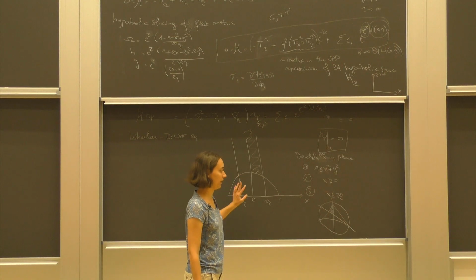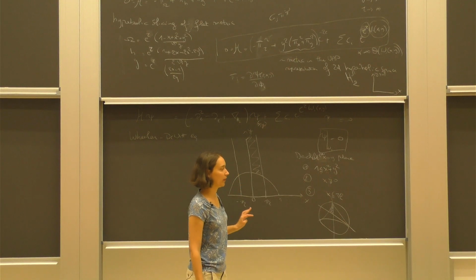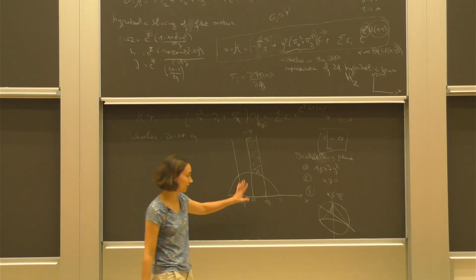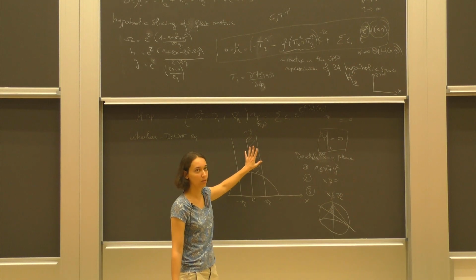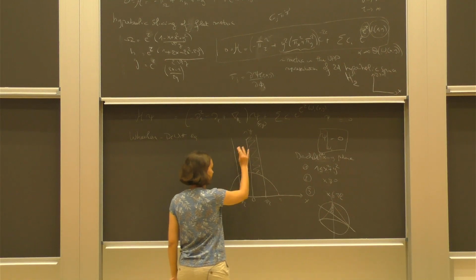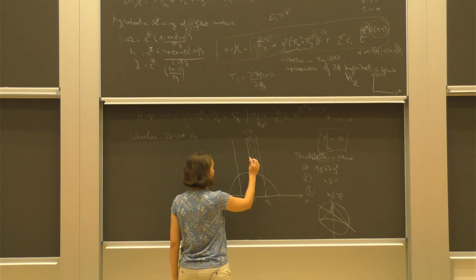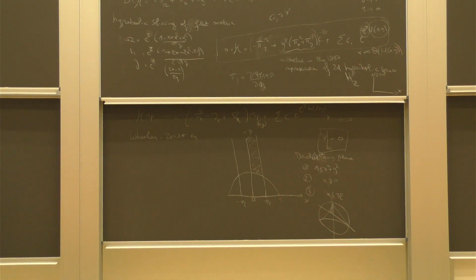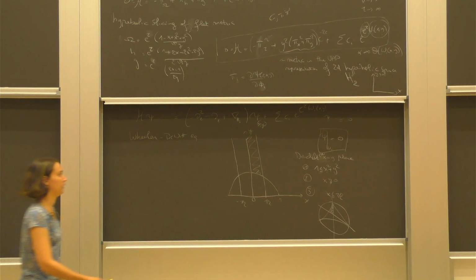And okay, now we come to a point where we can have a first glimpse at why this domain would be special. And the reason is that this domain is nothing but half of the fundamental domain.